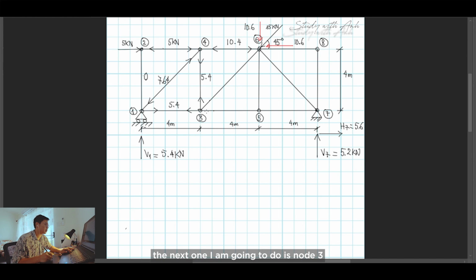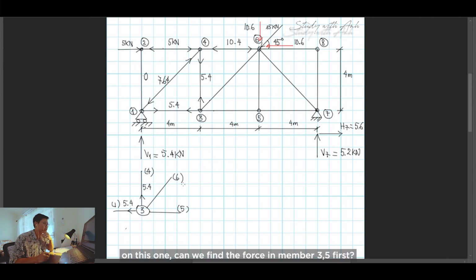The next one I'm going to do is node 3, because we now have 2 equations and 2 unknowns. On this one, can we do the force in member 3,5 first? The answer is no, because 3,6 is unknown, so we cannot calculate 3,5.